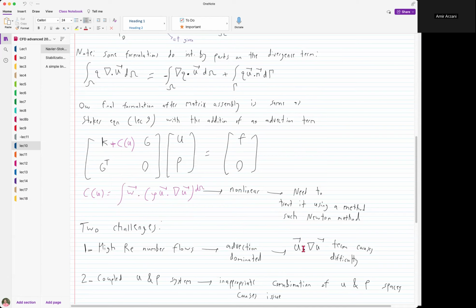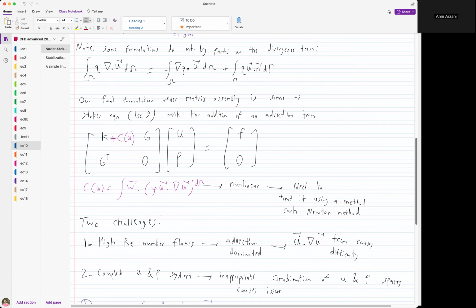And this U dot grad U term, this nonlinear term, which is really arguably the reason for all the difficulty in fluid mechanics and turbulence, becomes more and more difficult to deal with numerically using finite elements. So that's challenge number one. So challenge number one is instabilities induced due to high Reynolds number flows, which are because of this convection term.